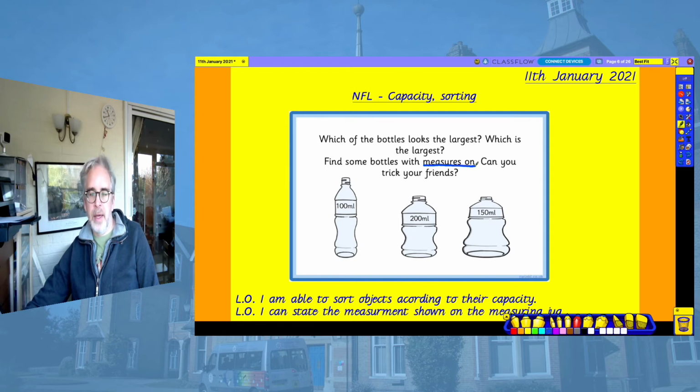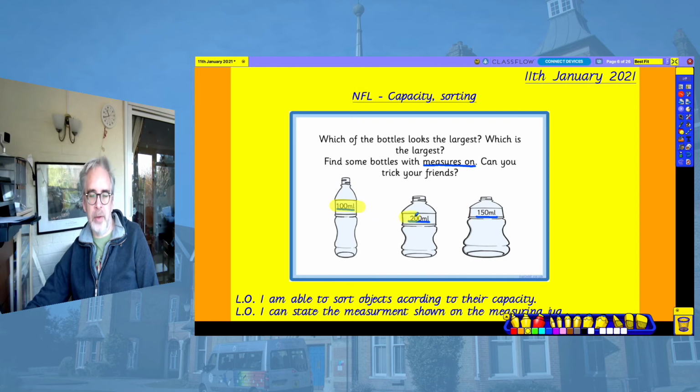Okay. If you have a look carefully at these bottles, all of them have measures actually shown on them here. I'm just going to undo that one and redo it because I actually went over. And if we have a little look at the numbers, we can see that this one here actually says 100 millilitres.